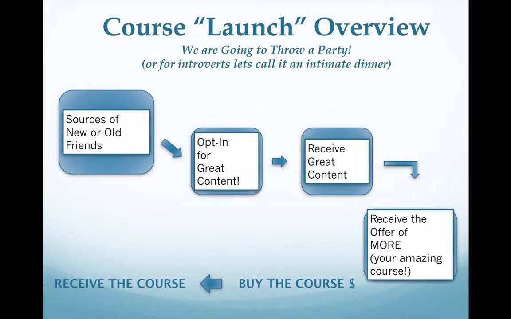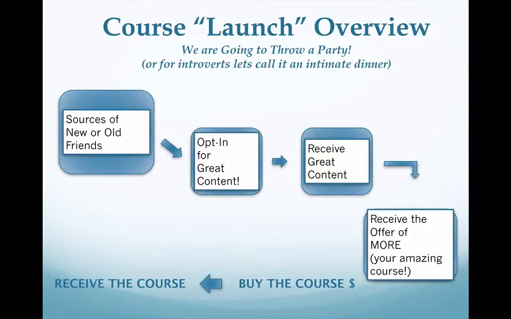So what is it exactly? What is the way that I do a launch? The short way to say how I do it is like we're going to throw a party. And if a party scares you, if you're an introvert, you could call it an intimate dinner. You're creating excitement. You're sending out save the dates. You're doing all the things you usually do, but in a more condensed and exciting way.